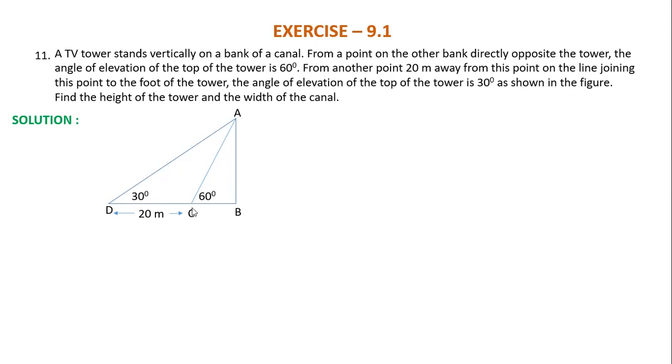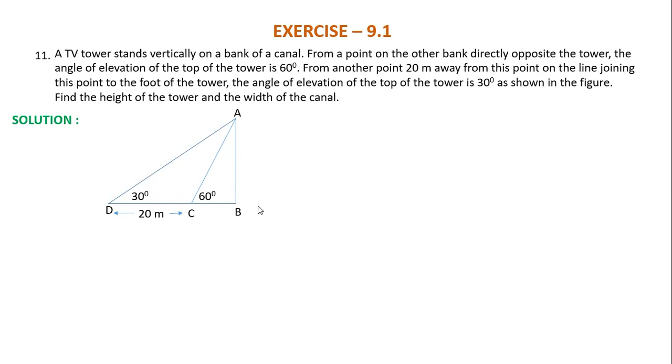From another point 20 meters away, so again he goes 20 meters back, and now he finds the angle of elevation of the top of the tower as 30 degrees, as shown in the figure. Because this figure is given, that's why the figure is directly drawn. Now you have to find the height of the tower and the width of the canal.